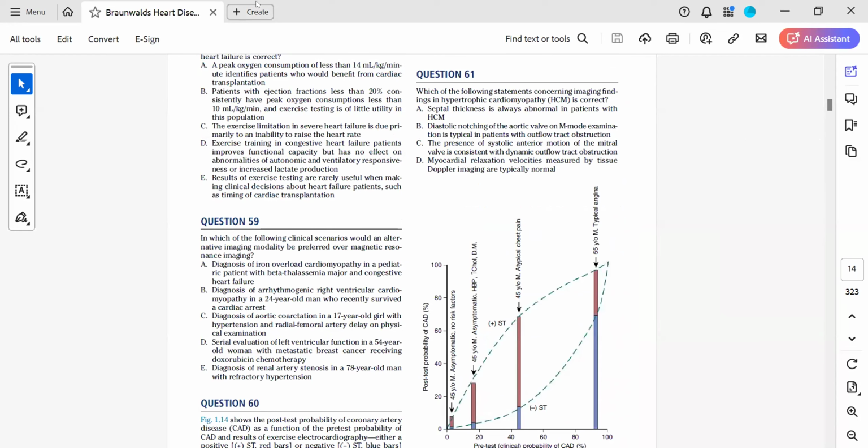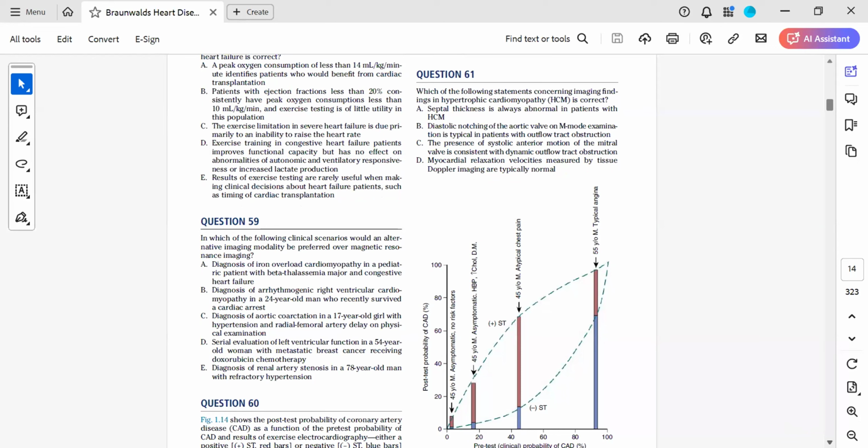Question 61. Which of the following statements concerning imaging findings in hypertrophic cardiomyopathy is correct? A. Septal thickness is always abnormal in patients with hypertrophic cardiomyopathy. B. Diastolic notching of the aortic valve on M-mode examination is typical in patients with outflow tract obstruction.